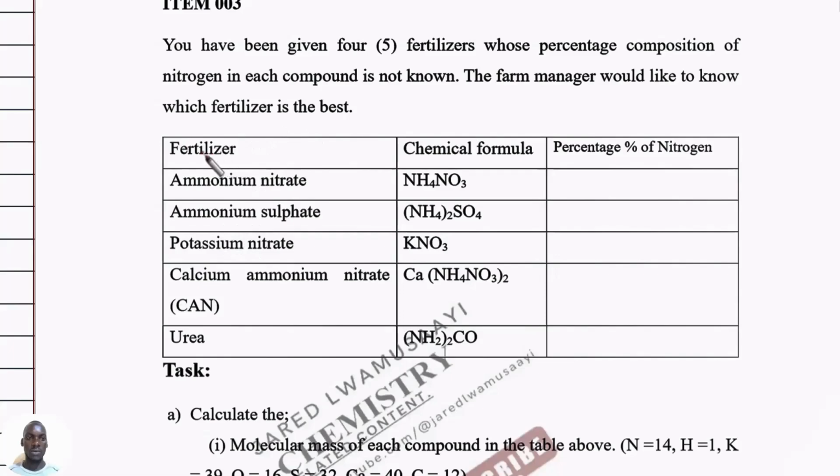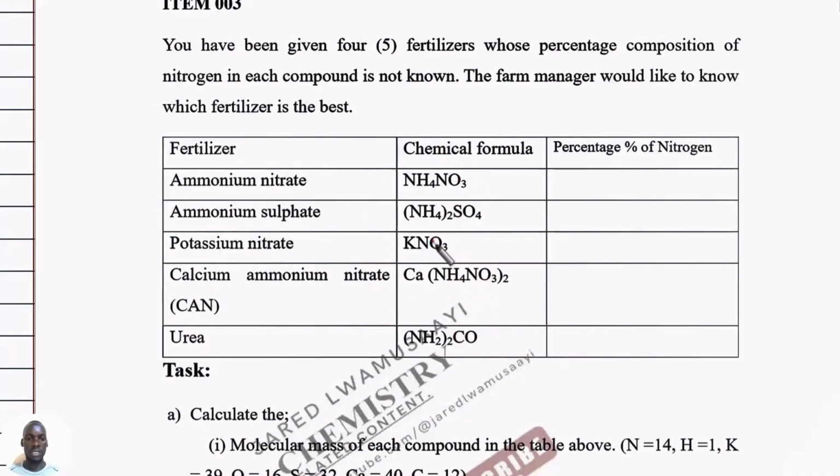In the first column we have the fertilizer, in the second the chemical formula of the fertilizer, and in the third the percentage composition of nitrogen present. Among the fertilizers we have ammonium nitrate, ammonium sulfate, potassium nitrate, calcium ammonium nitrate, which we call the CAN, and lastly urea, each with its corresponding chemical formula.